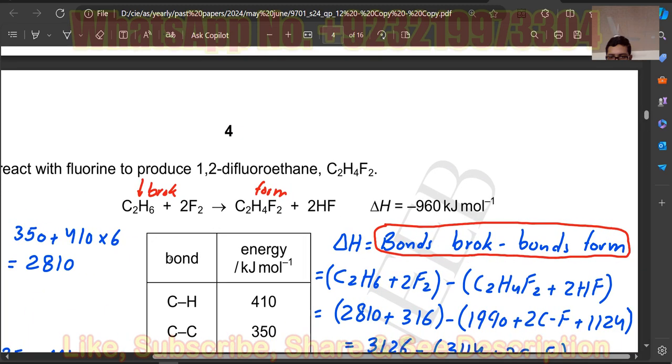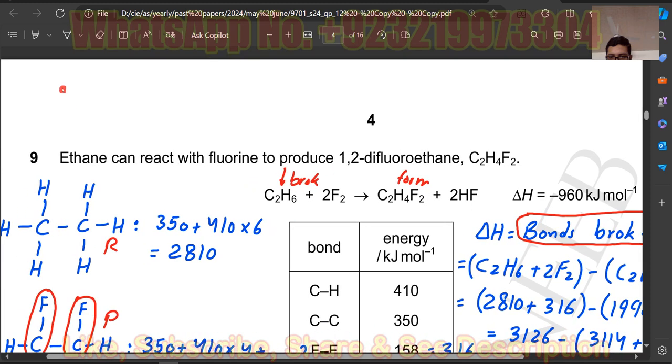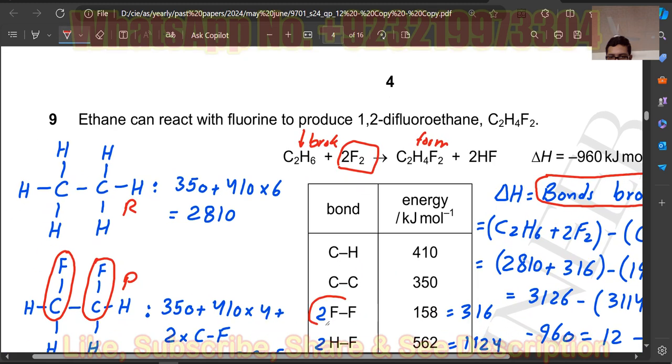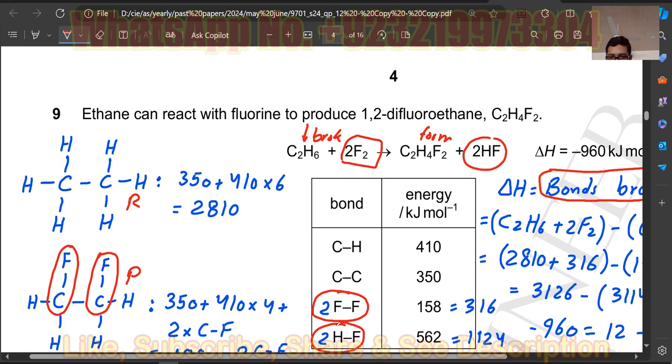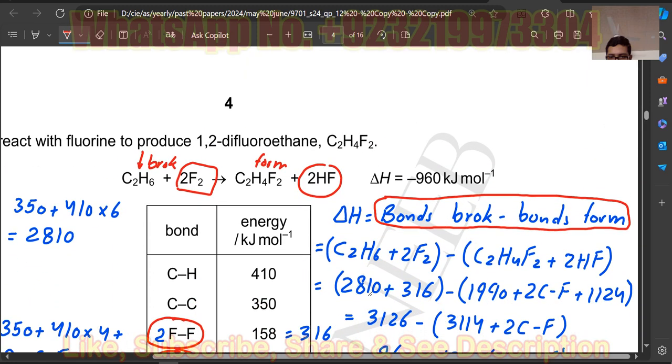Now after that, I can also find the values of the 2F2 molecule here. The 2F2 comes from the table. Simply multiply this 2 times F-F, and for HF I have to multiply with 2. So yeah, 2HF. So then I can construct the equation over here. The equation is broken minus formation.